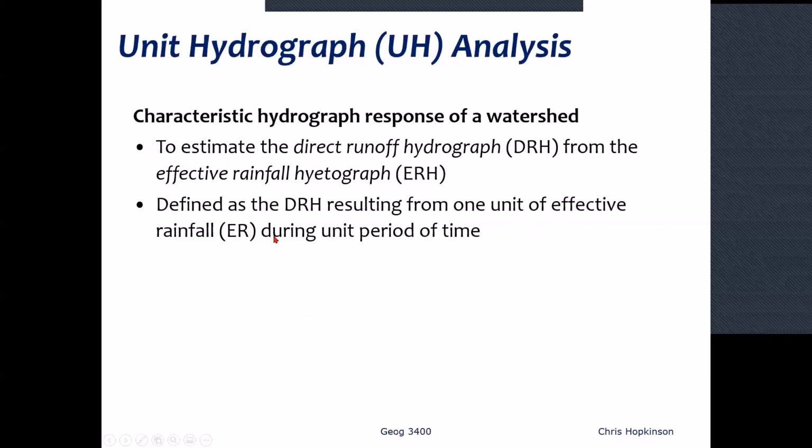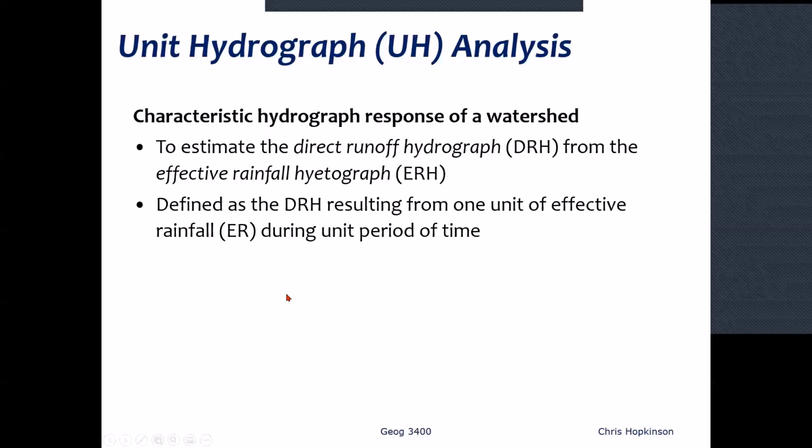So the unit hydrograph is defined as the direct runoff hydrograph resulting from 1 unit of effective rainfall during 1 unit of time. So in its original construct, the 1 unit of effective rainfall could be 1 inch because it was developed in the US, or it could be 1 centimeter, but it's some depth of rainfall.